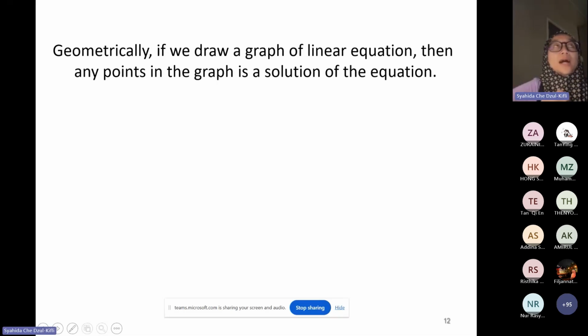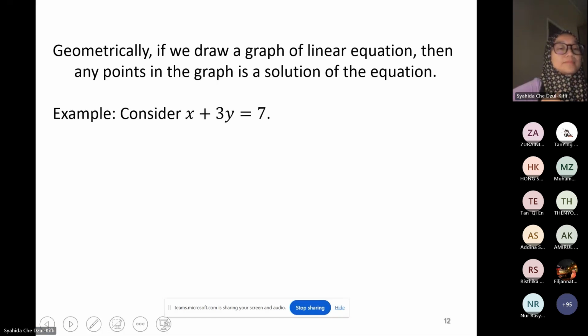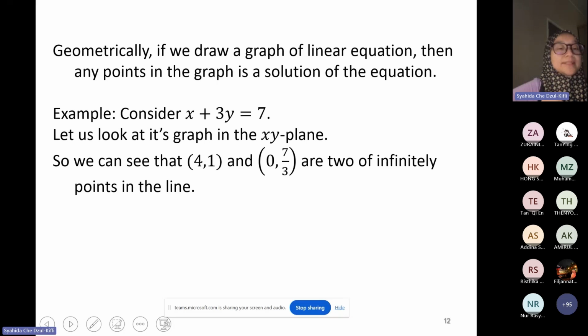However, we are only able to draw graphs of linear equations with 2 variables and 3 variables. We have seen this earlier: the straight line representing the linear equation x plus 3y equal to 7. These 2 points lie on the straight line, and therefore these 2 points are 2 solutions of the linear equation.